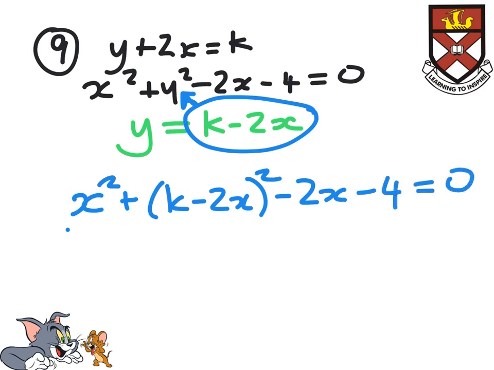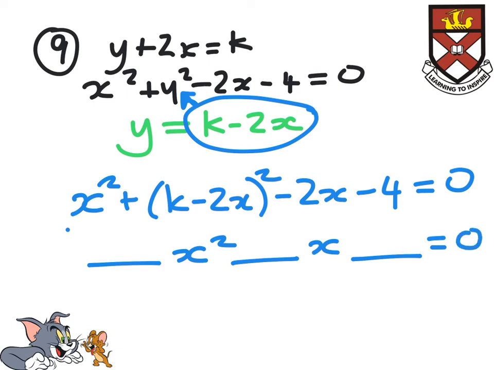Now you need to remove all the brackets, tidy it all up, and a couple of lines later you'll have something x squared, something x, and something which equals 0. Okay, and once you've got all of that, because the question says it's a tangent, we're trying to make b squared minus 4ac equal to 0.